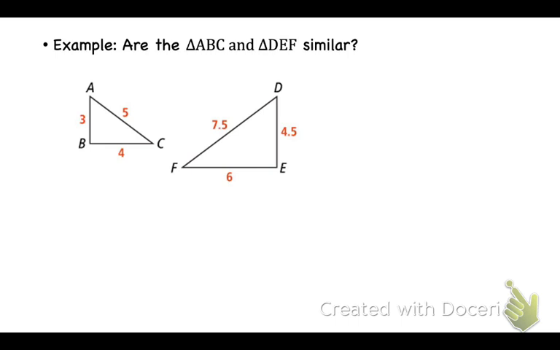Okay, it says, are the triangles, I don't know. Are triangle ABC and DEF similar? So which similarity rule would we be using for these? Side similarity, right? Because we have no angles.